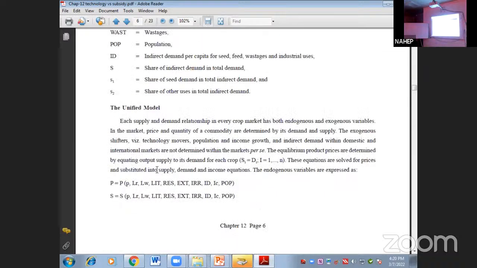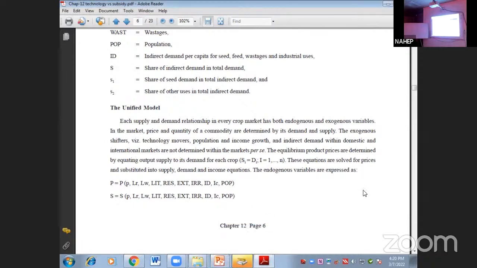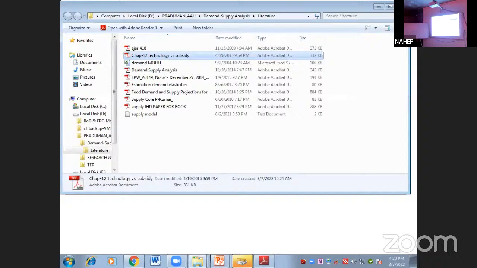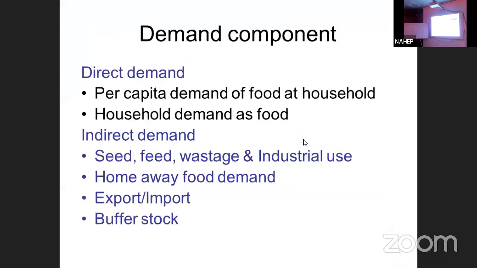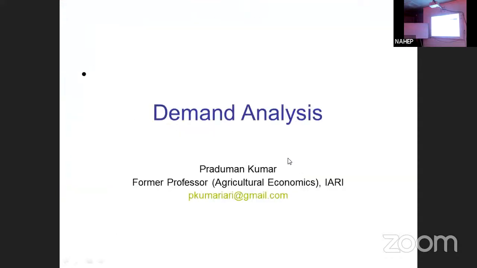You read this paper also. Once you read all these papers, I'm sure you will not have any problem choosing your research topics, using good techniques and drawing policy conclusions out of it. But you have to devote time. Don't be afraid of alpha and beta. They are too simple.